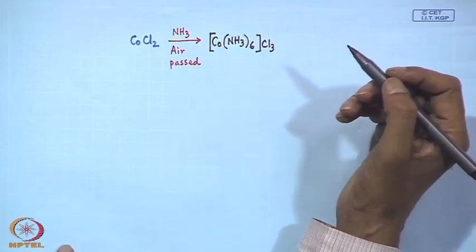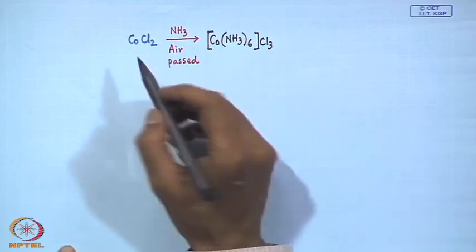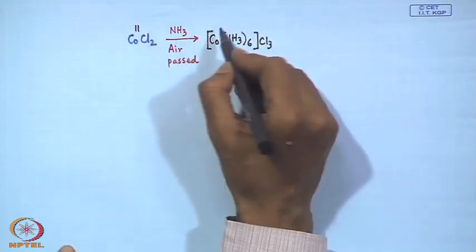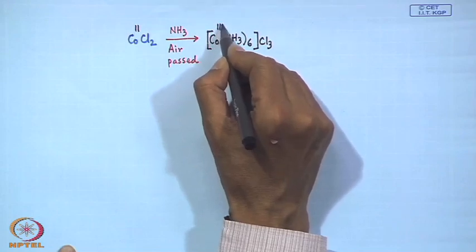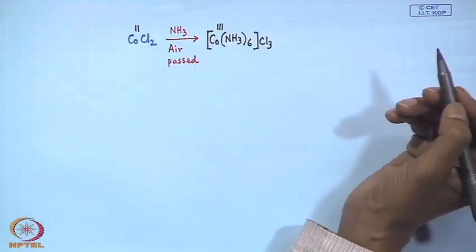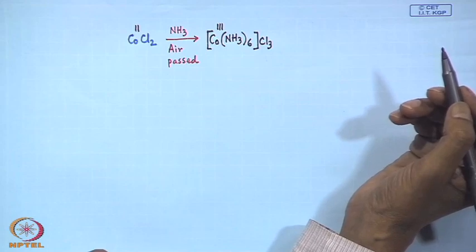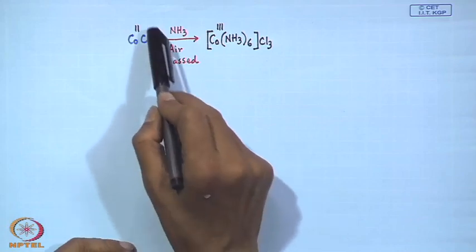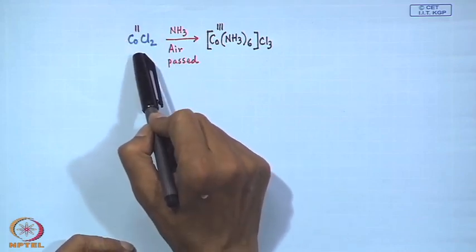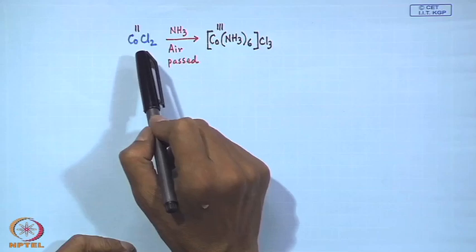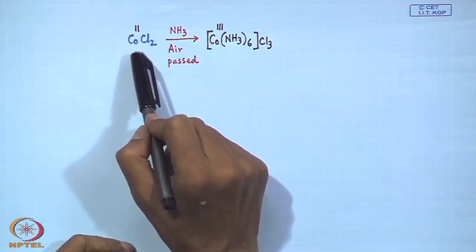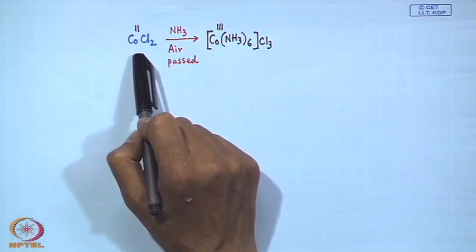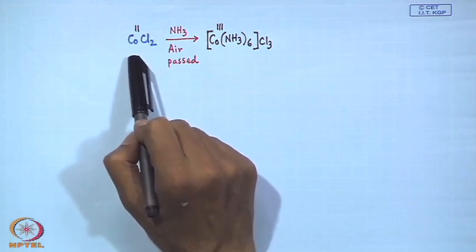So, here cobalt is present in the +2 oxidation state, but this complex forms a corresponding compound which is in the trivalent state. So, dissolution of any such chloride salt, like nickel chloride, ferric chloride and copper chloride, will give you, immediately during dissolution in water, the corresponding aquo complex.